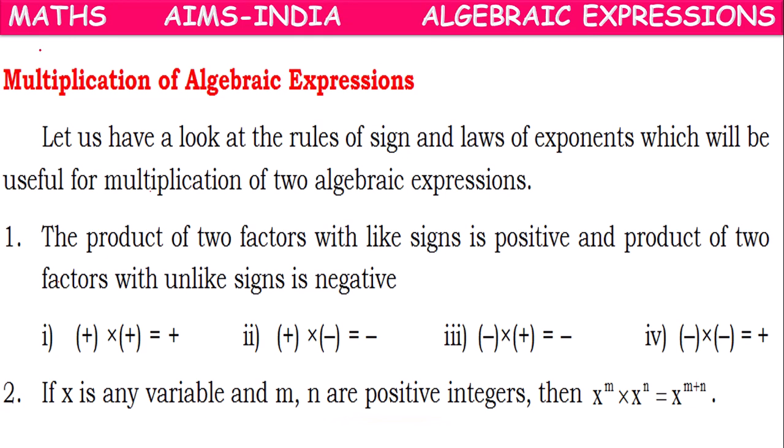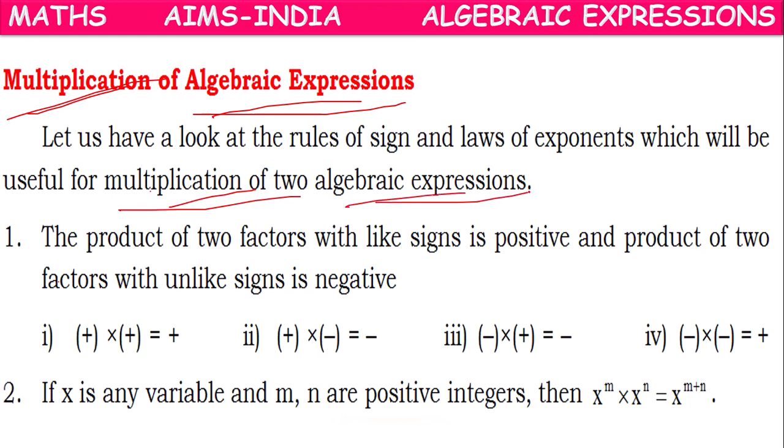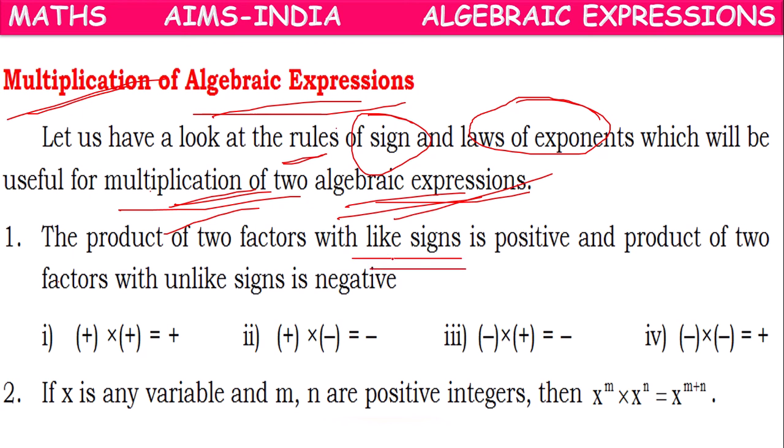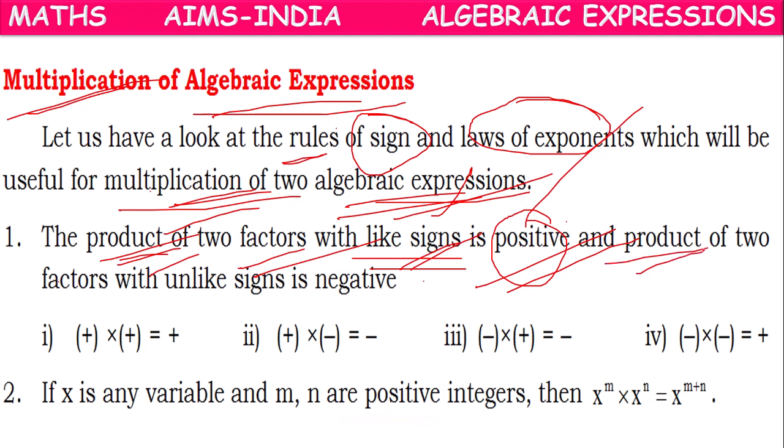Next children, we have multiplication of algebraic expressions. How to do multiplication of algebraic expressions? We have to follow some rules of sign and some laws of exponents. The product of factors with like signs will be positive, and the product of two factors with unlike signs will be negative.